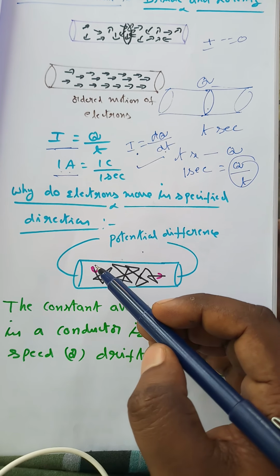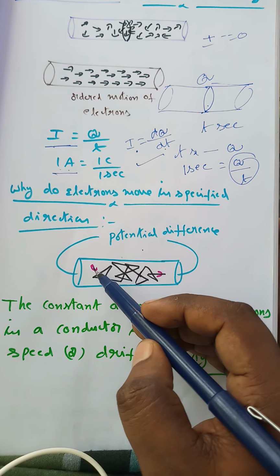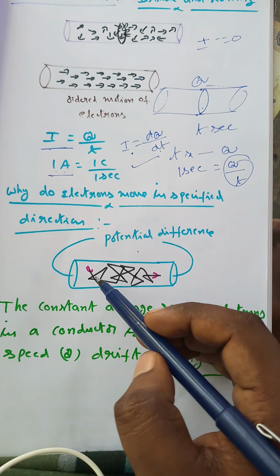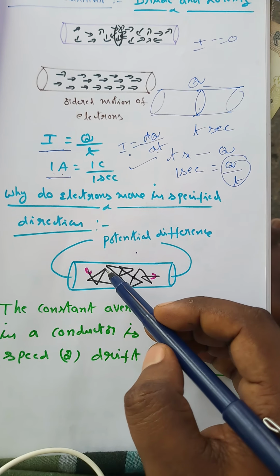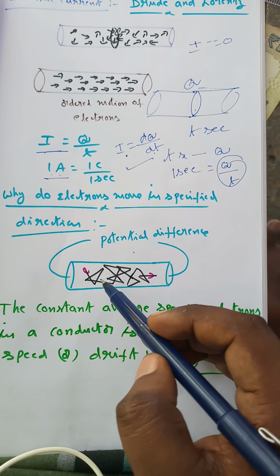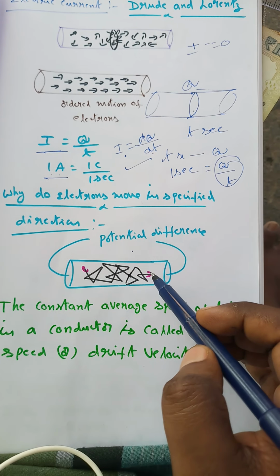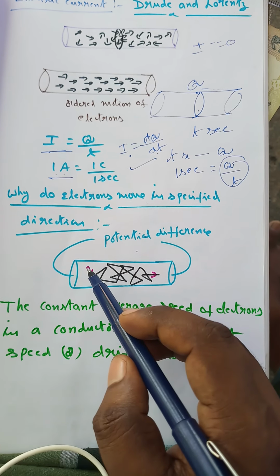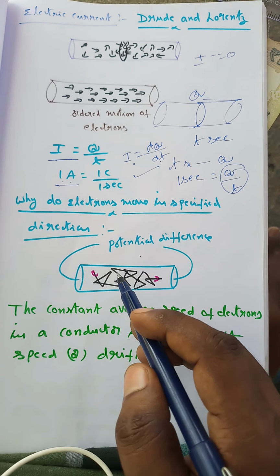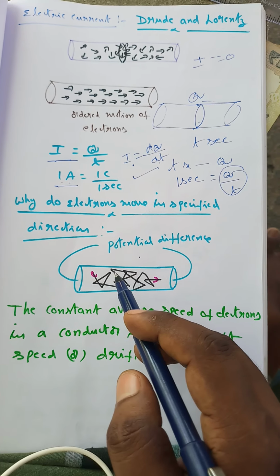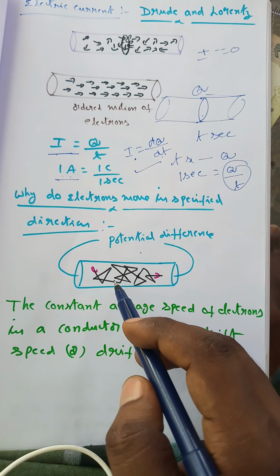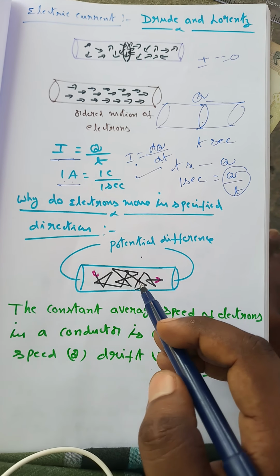So here an electron is traveling from here to there by undergoing a number of collisions. This is the actual path of an electron traveling from one position to another position. It suffers a number of collisions. So we take the average velocity or the average speed of electrons, and it is a constant.